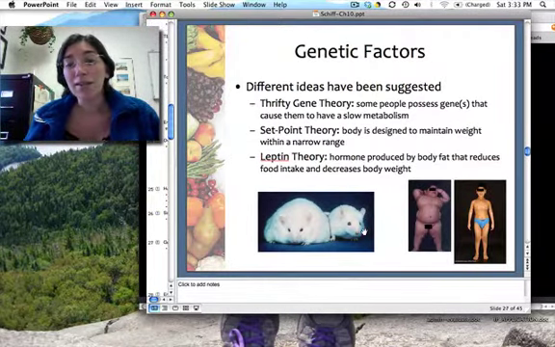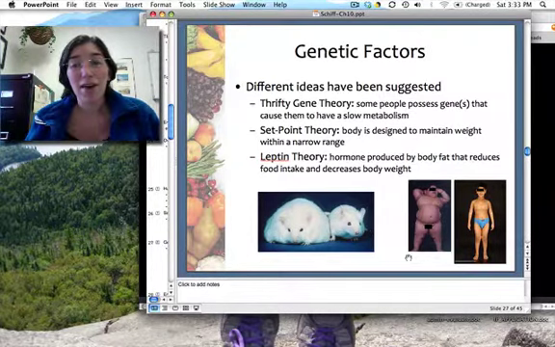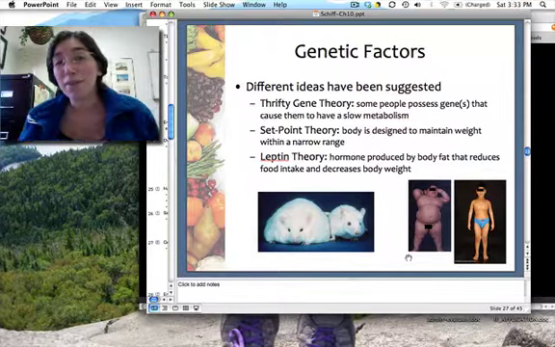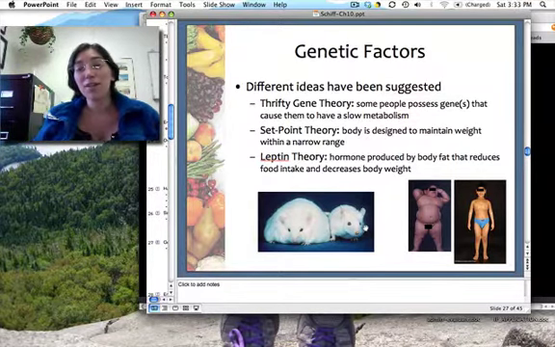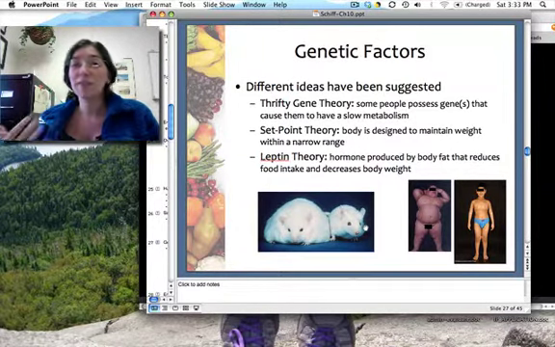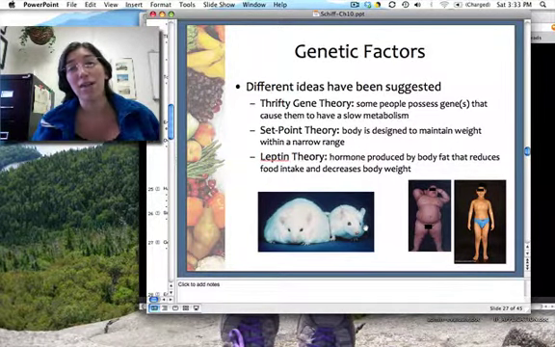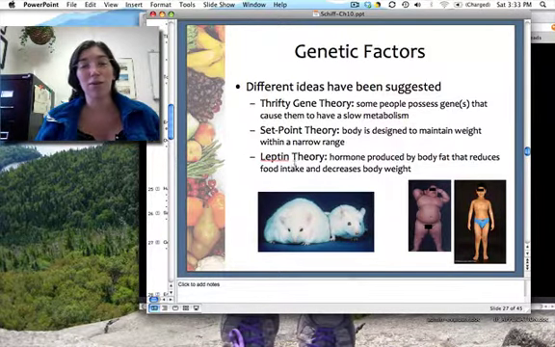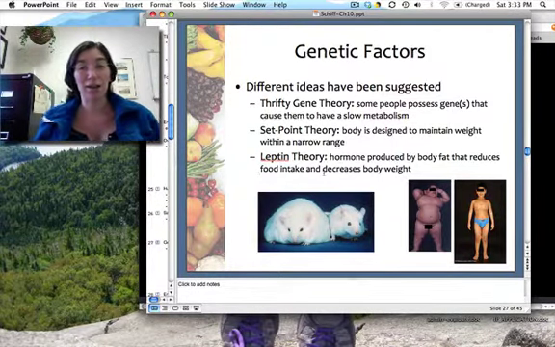Well, in this slide I'm going to talk about how not having enough leptin could be something that contributes to obesity. There are different genetic theories of how genetics contribute to our body weight. Genetics are definitely a factor that helps determine what our body weight is going to be. I'm going to go in reverse order here since we're already talking about leptin.